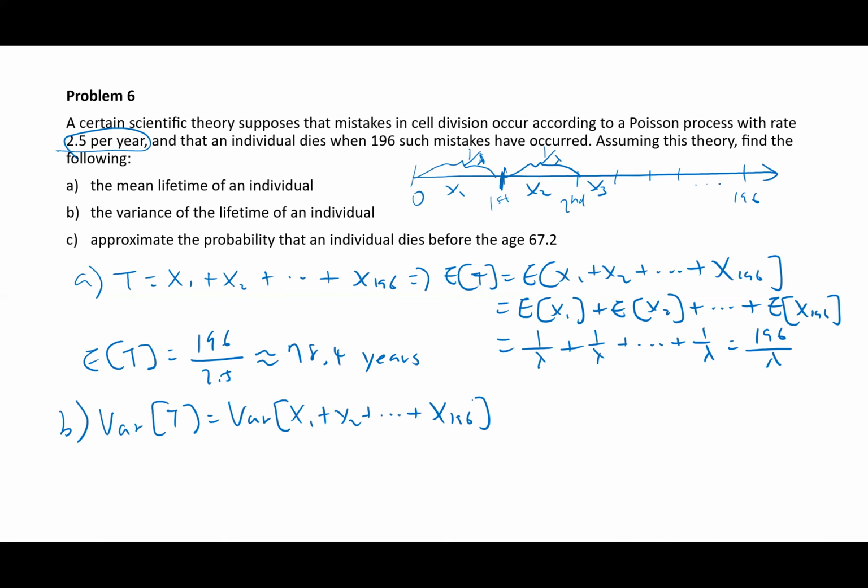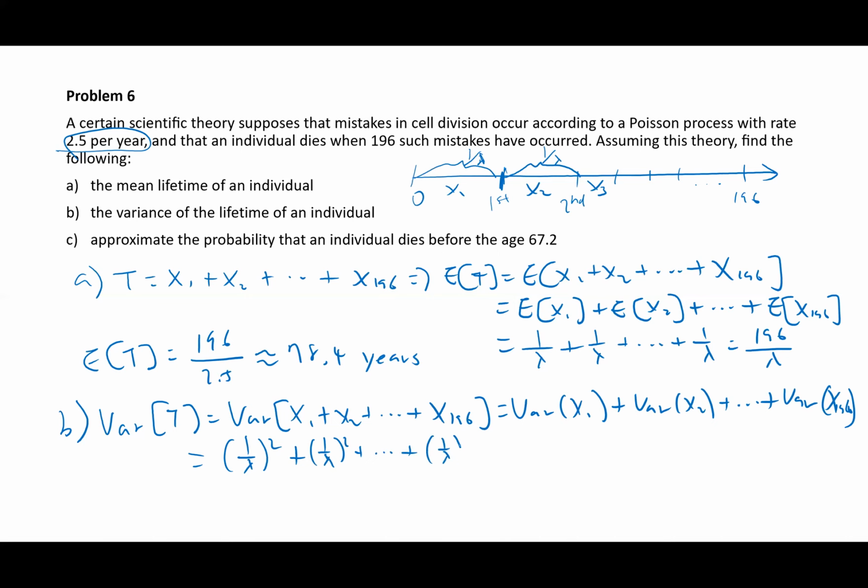You can break this up: if you have a variance of the sum of independent random variables, I can split these up and say it's just the variance of X1 plus the variance of X2 all the way to the variance of the 196th mistake, right? So then that becomes 1 over lambda squared plus 1 over lambda squared all the way to the 196th one.